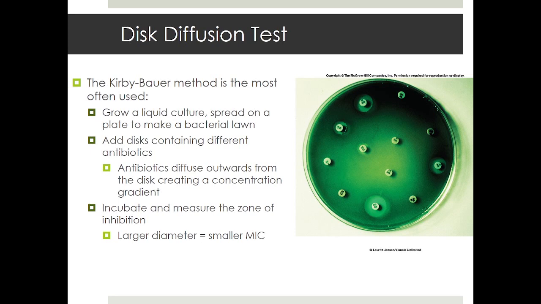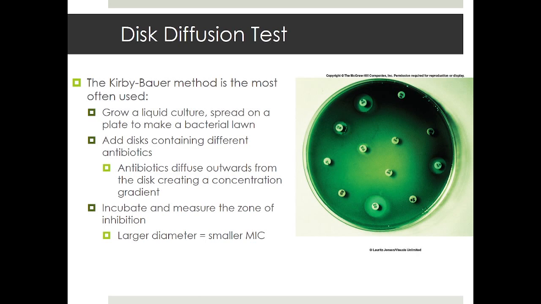So when the discs are applied to the plate, the medication diffuses outward into the agar, which will create a concentration gradient away from the point where it touches. The most concentrated will be closest to the disc, and as it spreads out, it'll become less and less concentrated. Following an incubation period, you can actually measure the diameter of that zone of inhibition and determine the minimum inhibitory concentration.